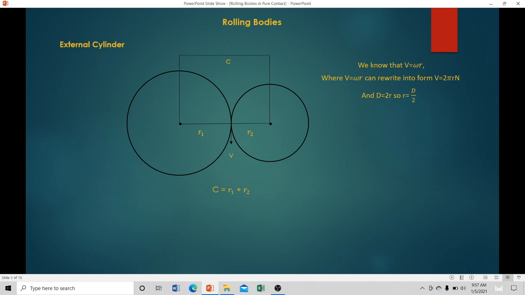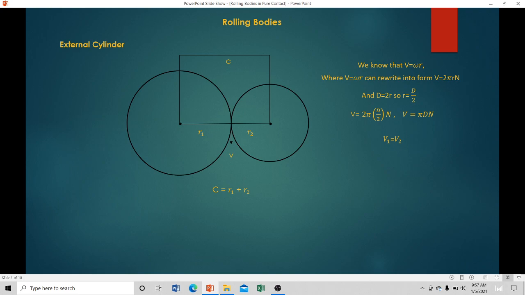If we substitute this radius into the equation, the 2 cancels out, so what remains is v equals pi d n.